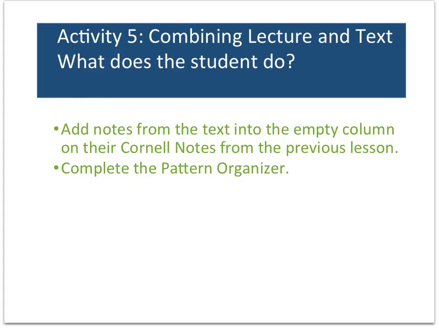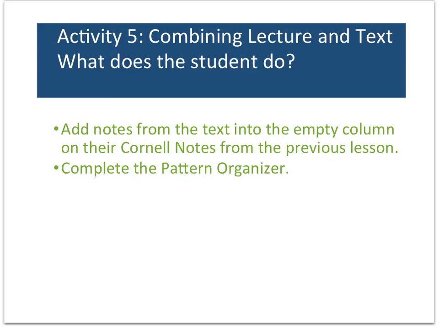Now that's important. It's important because when students are going to be taking tests in their history class in college, they will have to integrate lecture and reading. That's part of what makes a student successful, is being able to do that.